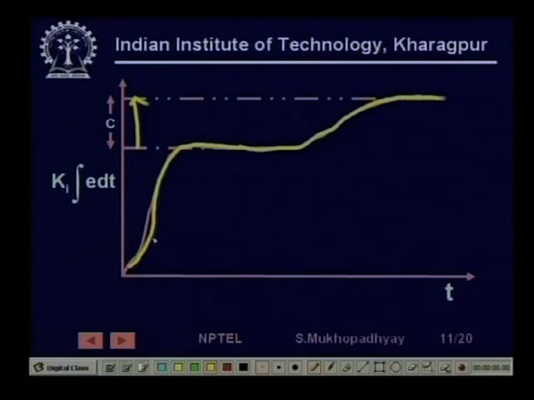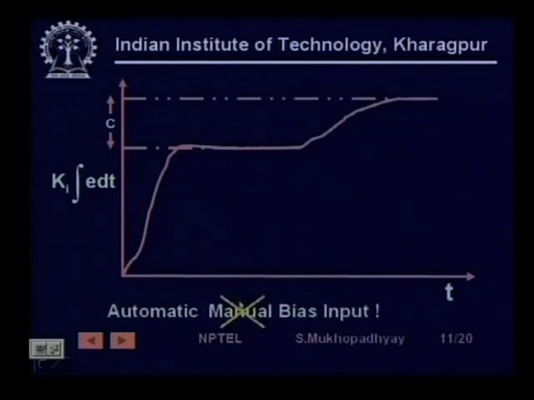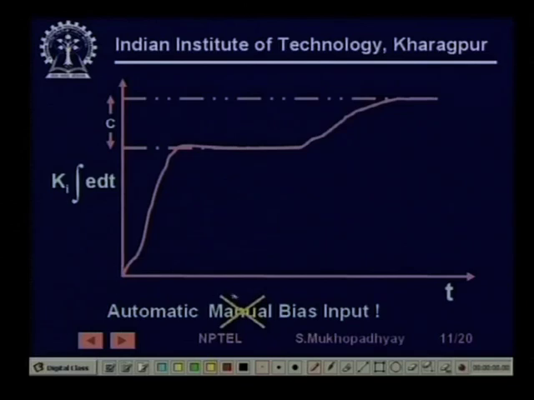So, you see that the integrator actually works in a very interesting way. It gives a bias input, but which is not manual. The integrator is exactly like the bias input, but it generates it automatically.